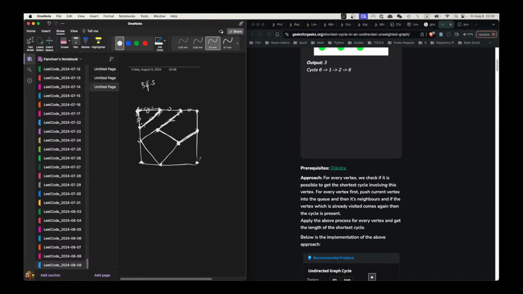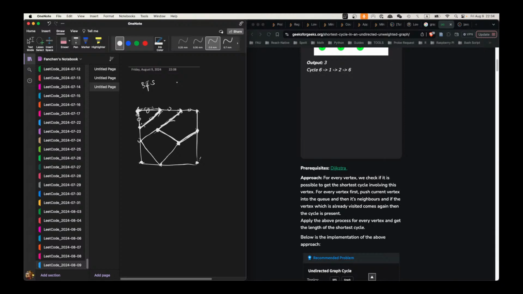DFS, I'm not sure DFS will work, because if you do DFS, oh my god, you cannot guarantee that it is the cycle with the shortest length, right?